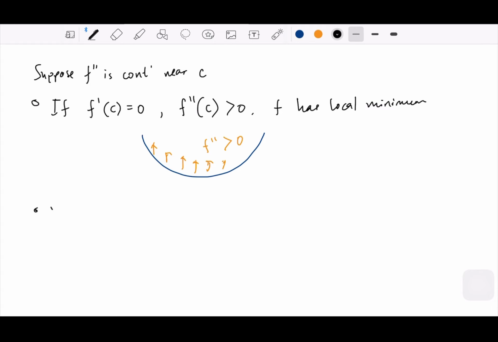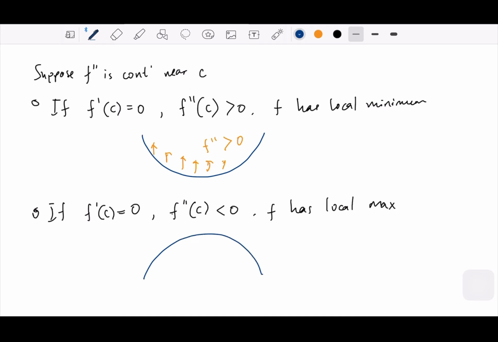And now similarly if you have f prime c equals 0 and then you have f double prime c less than 0, then f has a local max. So you will see this is concave downwards, which is the second derivative is negative.